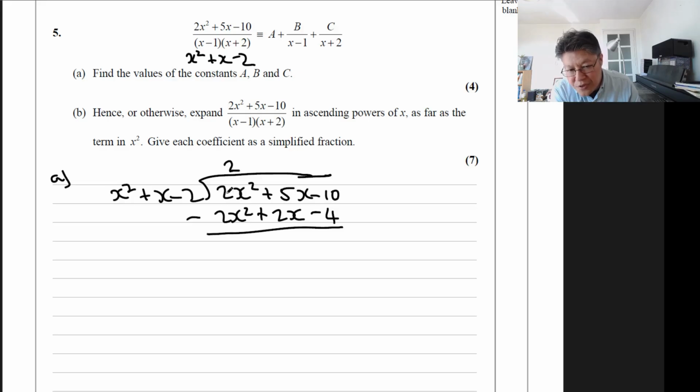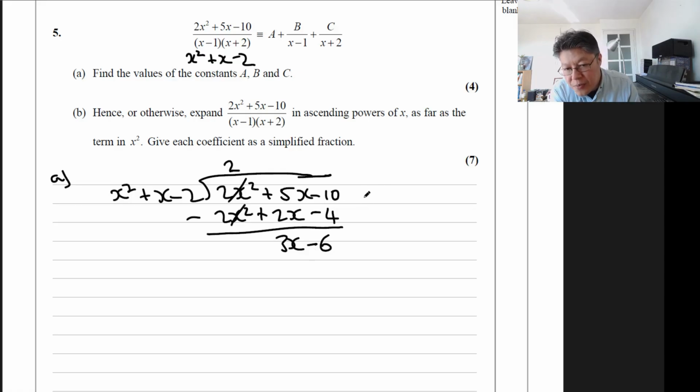And now we do subtraction, so these cancel. 5x minus 2x is 3x, and then −10 minus −4, that's −10 plus 4, so that's −6. And that's it, because now x² does not fit into 3x, so we've finished, and we can write out what we've got.